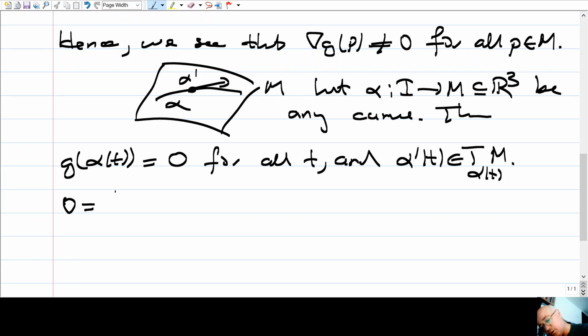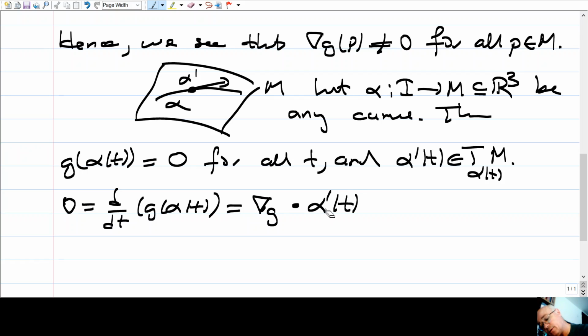I have 0 equals d dt of g of alpha t. Well, I apply the Leibniz rule. So this is just the gradient of g at alpha t, dot product with alpha prime t, for all t.